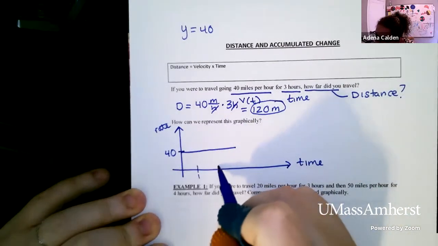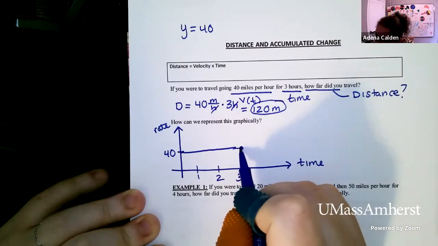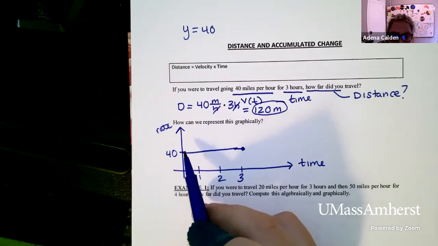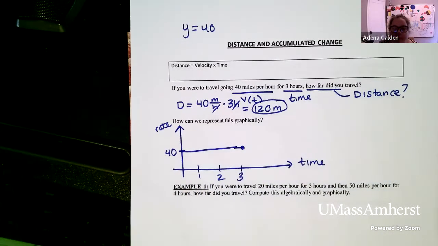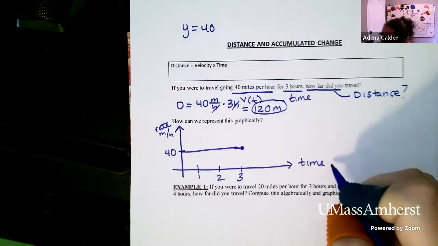So we do that for 3 hours, which means that from time equals 0 to time equals 3, our graph is just this horizontal line that represents this rate of 40 miles per hour. So I'm just going to put the units on the graph to help us remember.